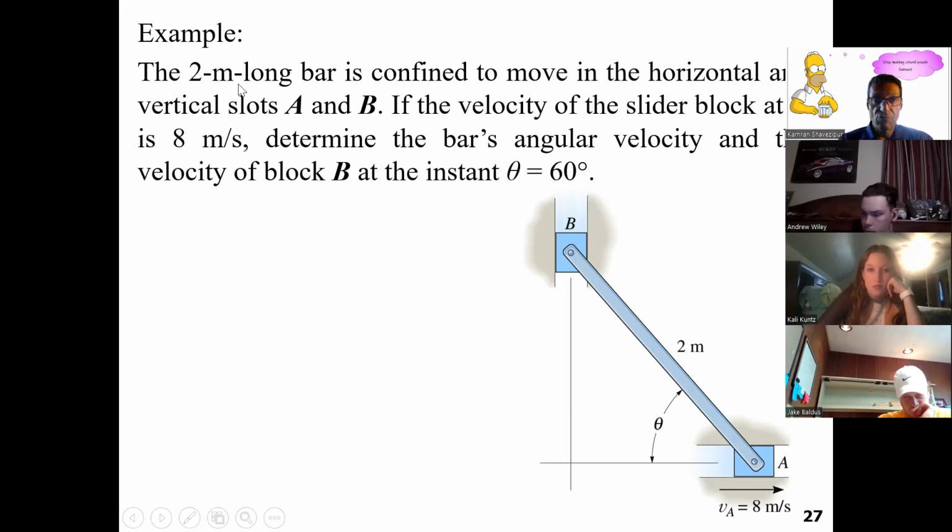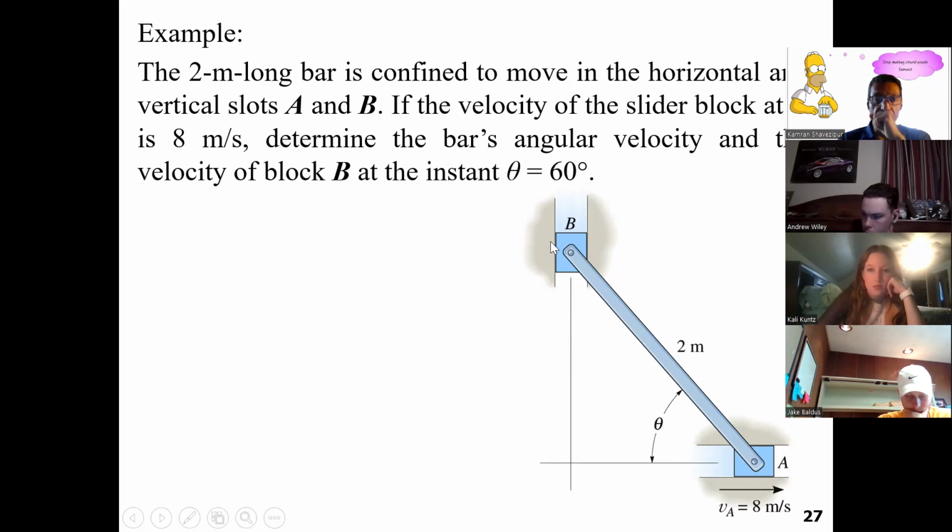So the problem says a 2 meter long bar. So this is 2 meters. It's confined to move, one edge horizontally, one edge vertically, right? The velocity of a slider is given as 8 meters per second.